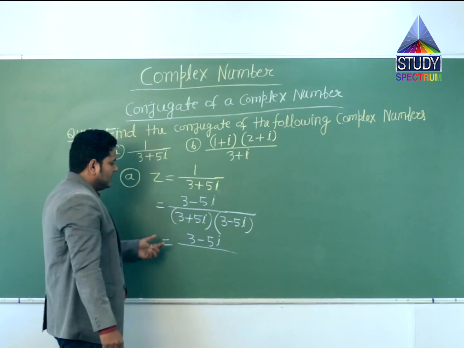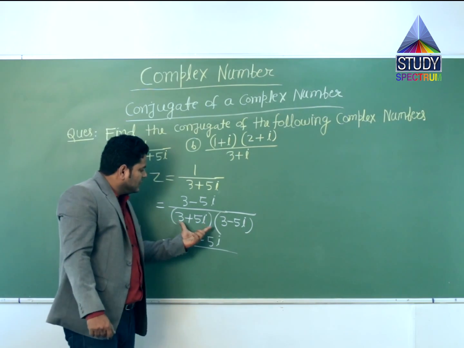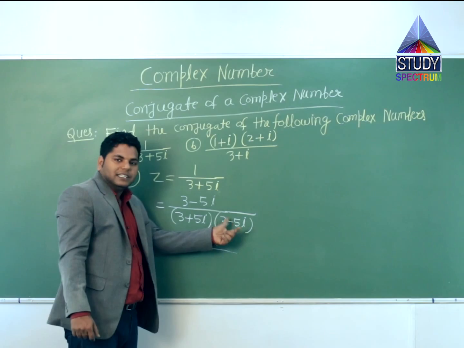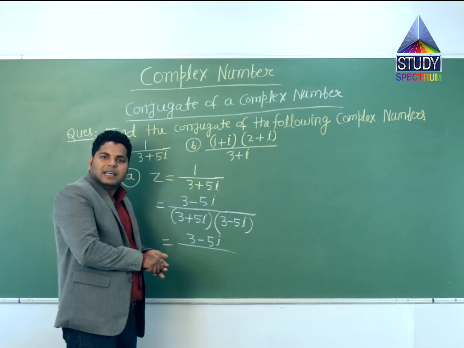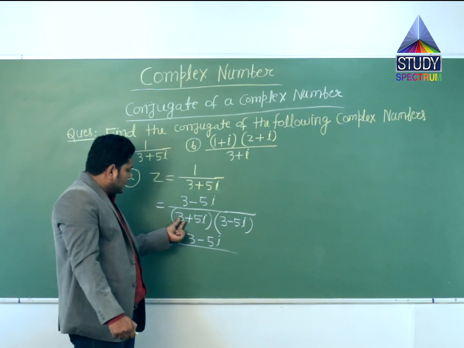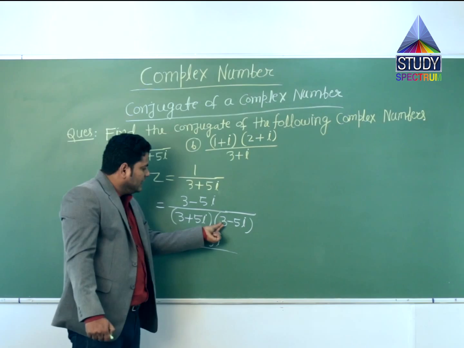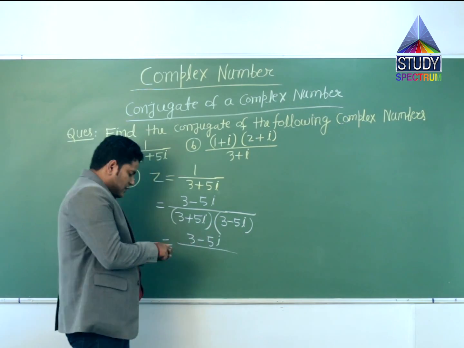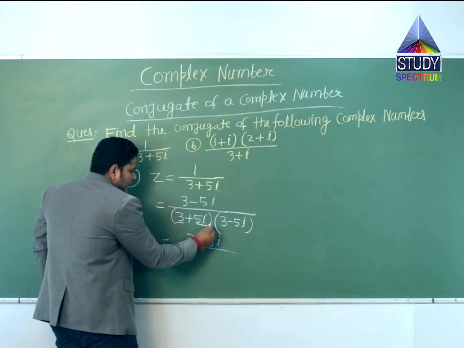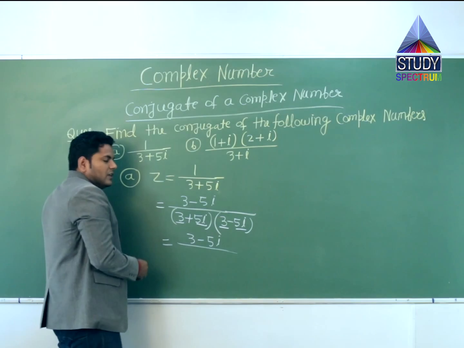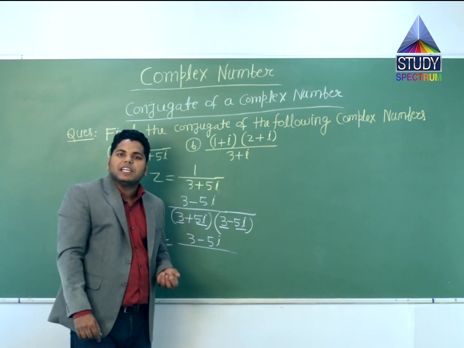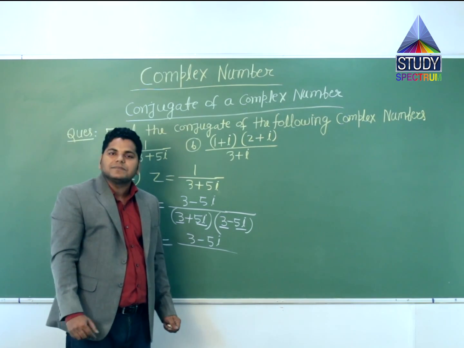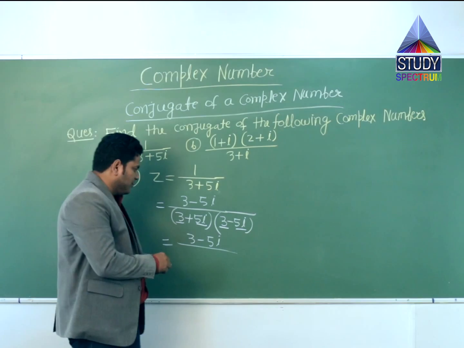Now in the numerator we have 3 minus 5i, so we'll write 3 minus 5i. In the denominator we have two terms, 3 plus 5i and 3 minus 5i. If you closely observe, it is in the form of a plus b into a minus b, and we know the formula for a plus b into a minus b is a square minus b square.